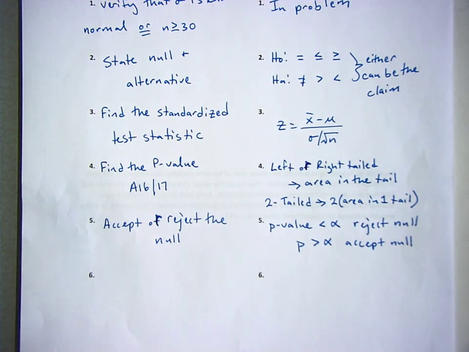Nathan, why do you think that we don't care about when the p-value is equal to alpha? That's a good question. What would the alpha be again? The alpha could be like 0.05 or 0.1 or 0.01, depending on the problem.